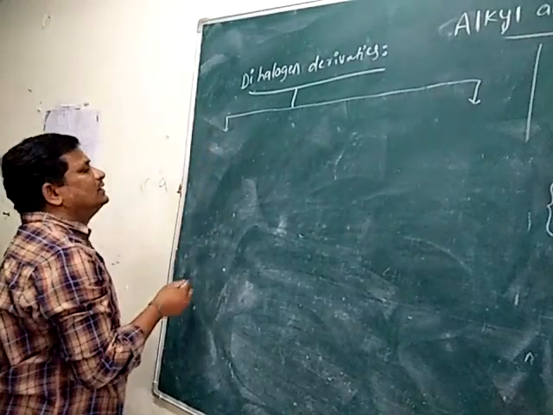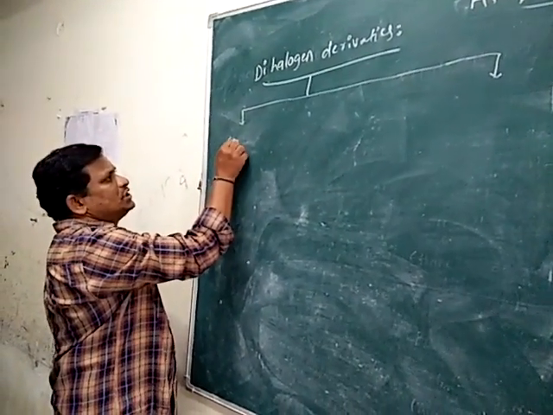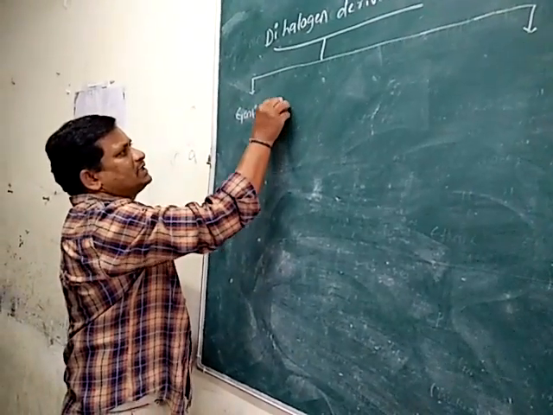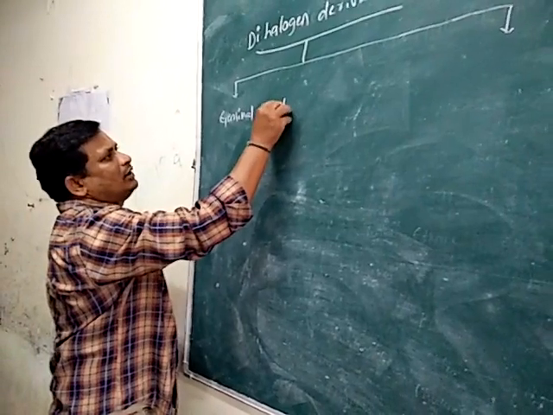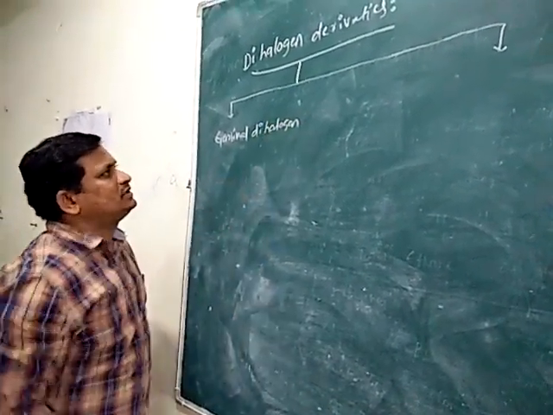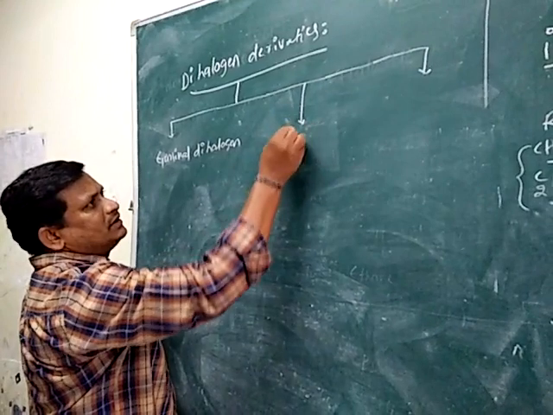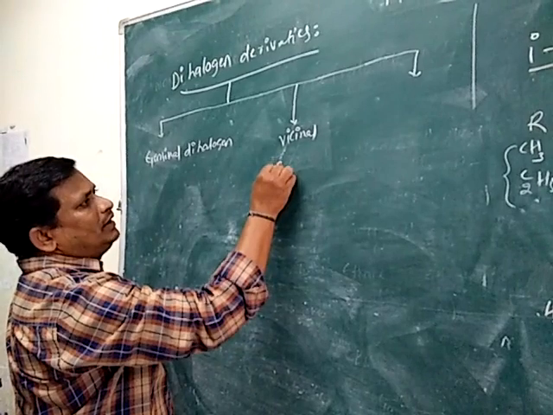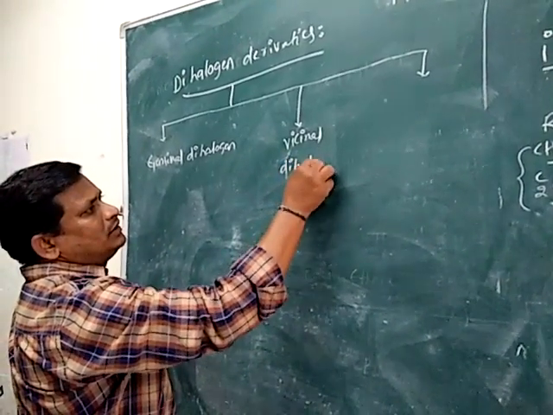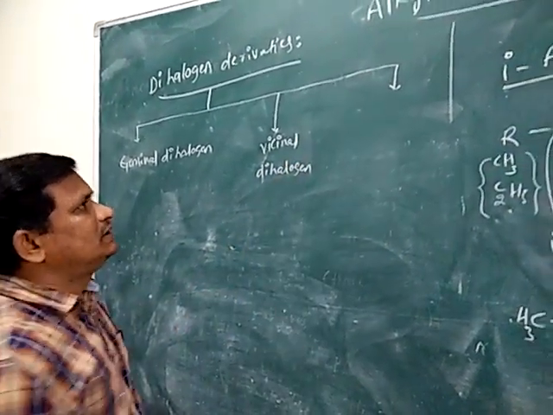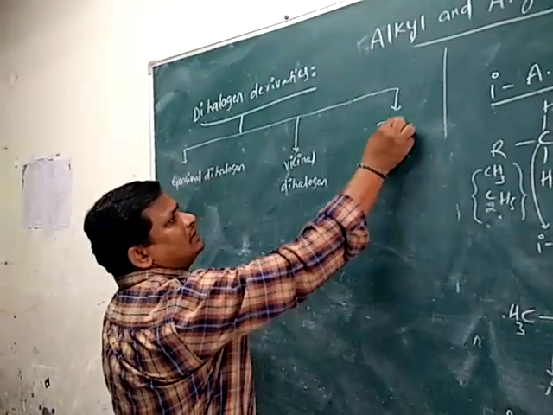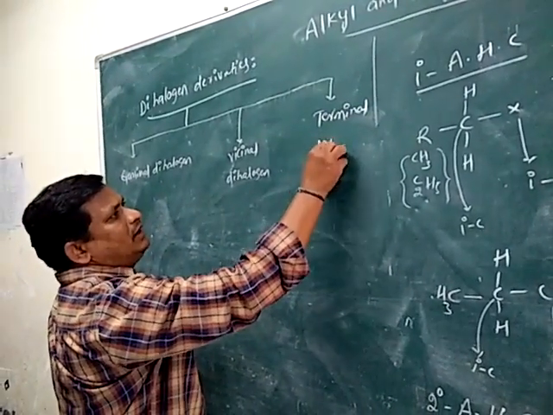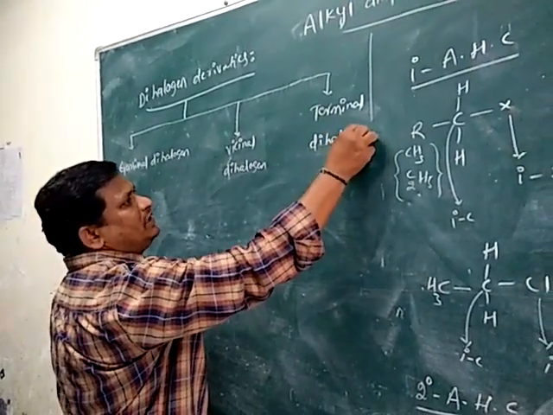One is geminal dihalides, the second one is vicinal dihalogen derivatives, and the third one is terminal dihalogen derivatives.